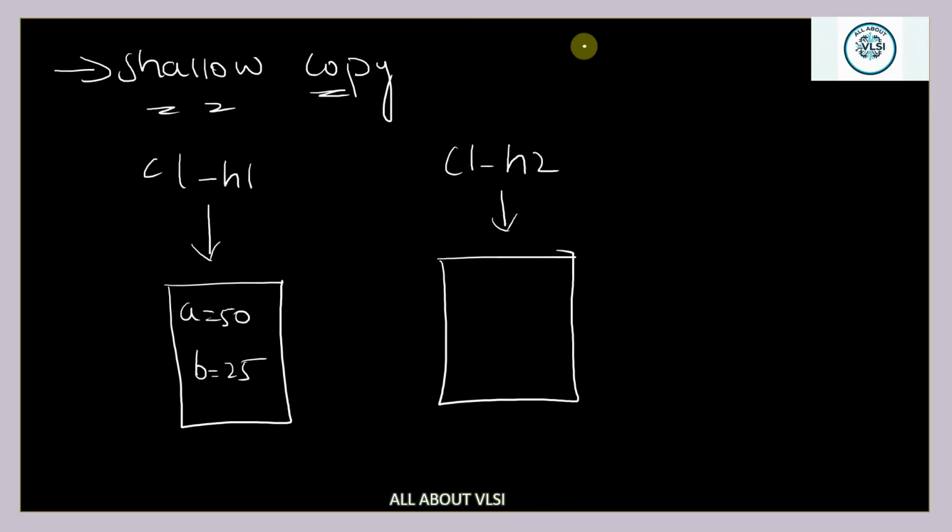If we make the operation C1_H2 is equal to new of C1_H1, then for C1_H2 a new object will be created, and for C1_H1 an object has already been created.